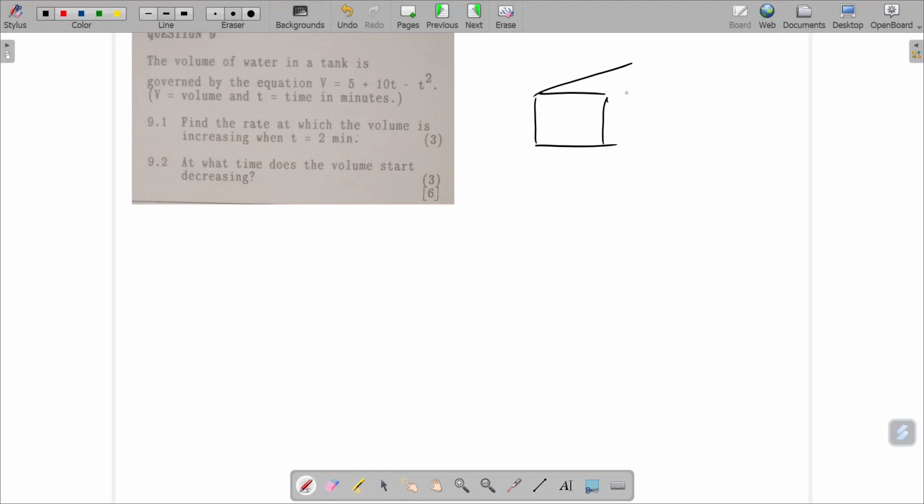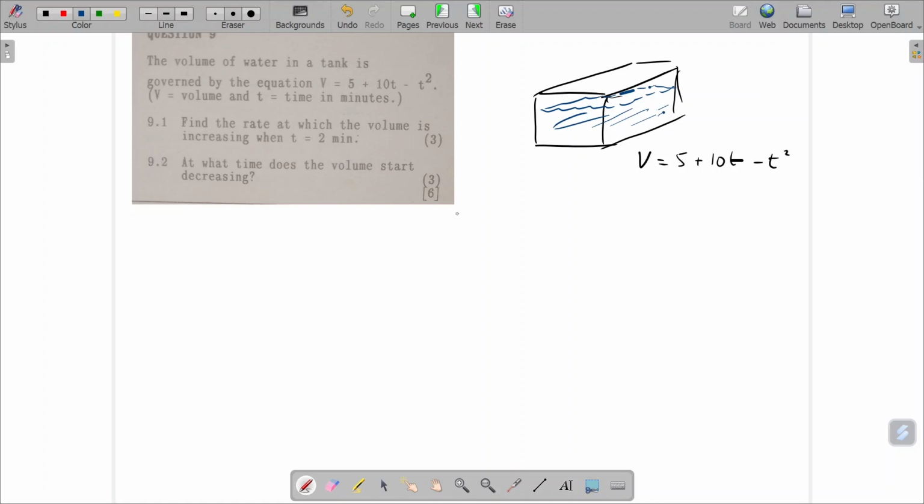It is governed by the equation that the volume of water in this tank is given by 5 plus 10t minus t squared. So actually we're not talking about the tank itself, we're talking about the amount of water that is sitting inside this tank. How much water is inside this tank?